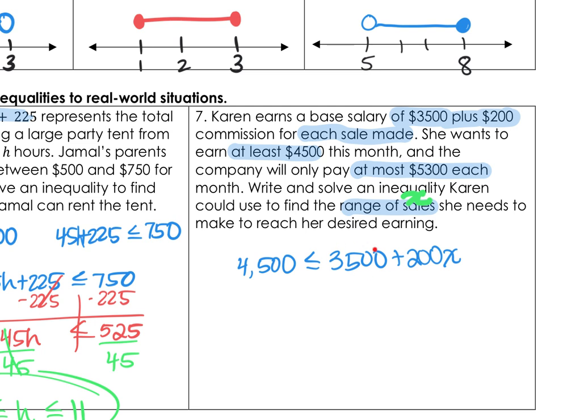So we've got 3,500 plus 200x, and now this has to be less than or equal to the max that the company's going to pay her, which is, very good, 5,300. So we start with that minimum, which is always going to be less than what we want to make, but what we want to make is going to be less than whatever our cap is.